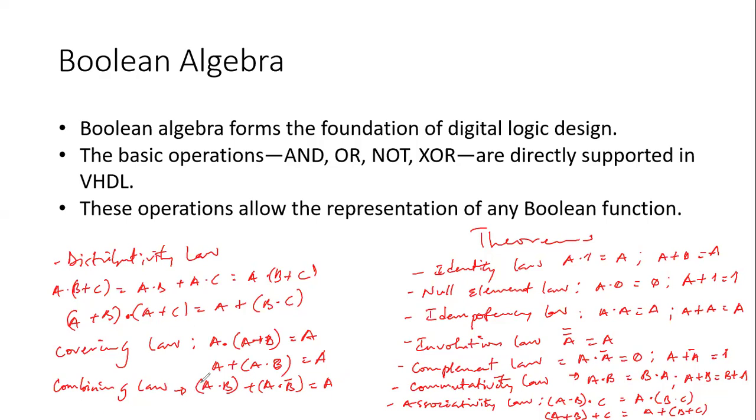So that's A. And by duality, A plus B dot A plus B bar will still give us A.